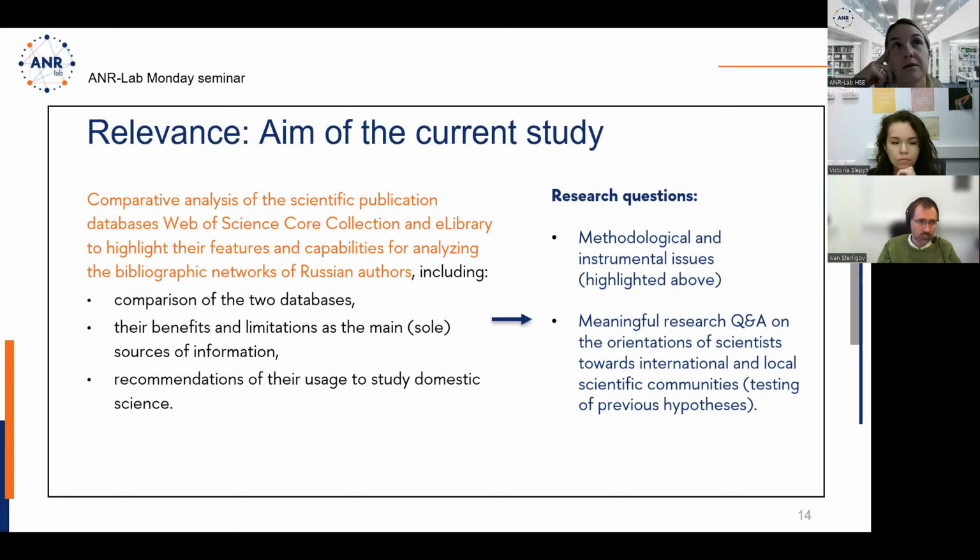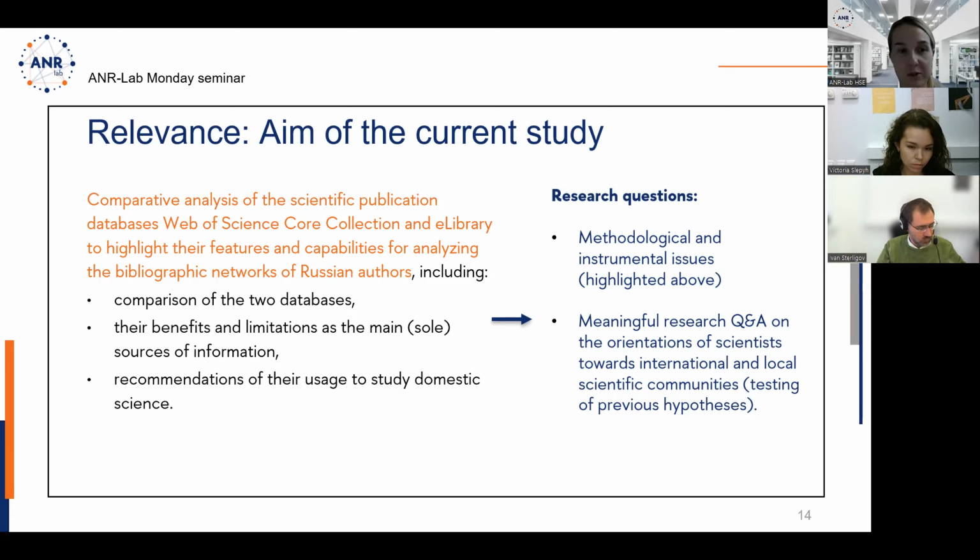And then there is an article of Sokolov and Titaev of 2013, and both of these articles state that there are different groups of sociologists, and they are looking in different directions.